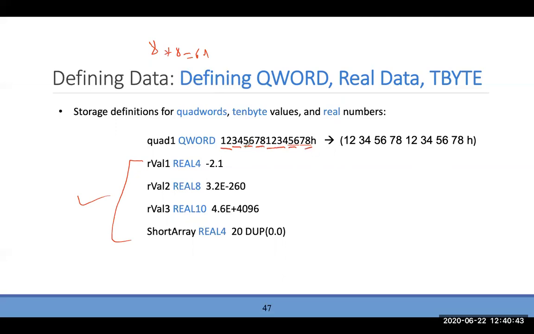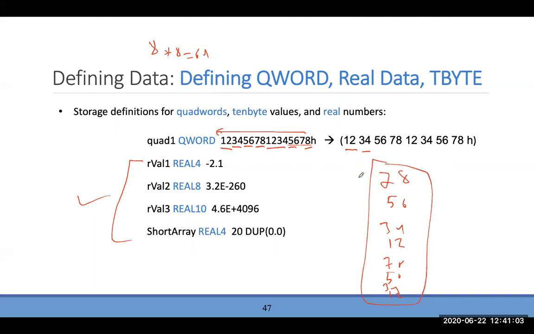And if you want to store this in the memory, each of these is a byte, right? It's going to be little endian, so we're going to go right to left. So we're going to store 78, 56, 34, 12, 78, 56, 34, 12. So this is going to be your memory. This is just one memory, and this memory you're pointing at with quad 1.